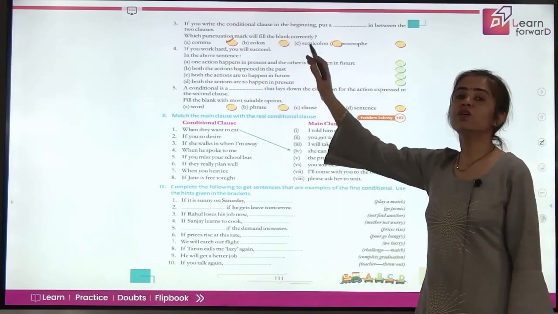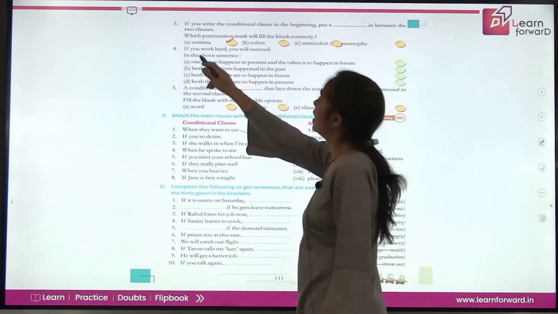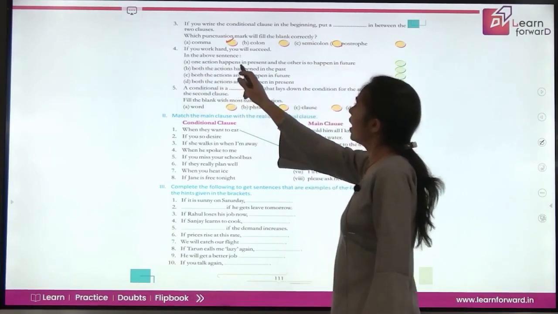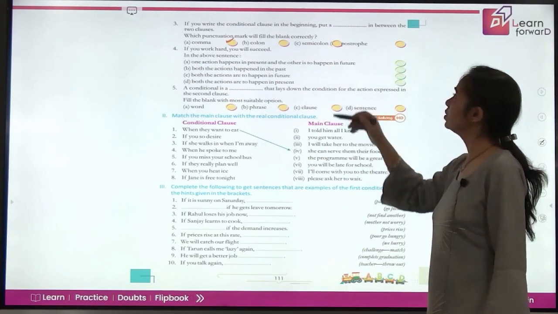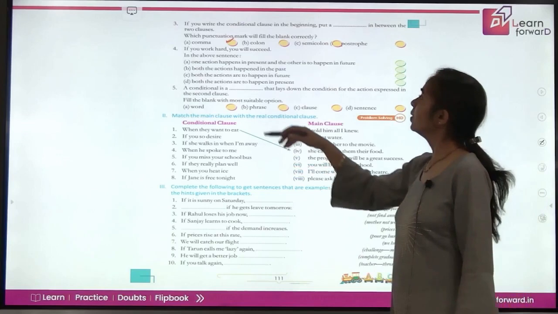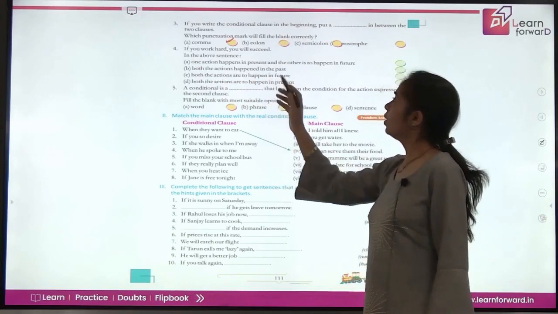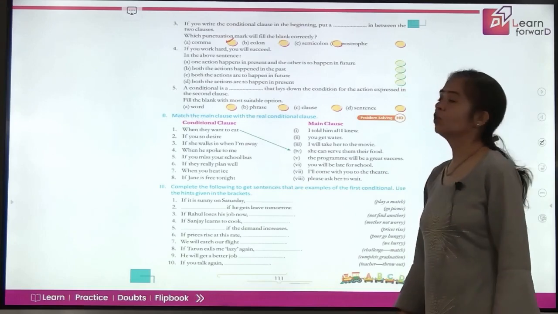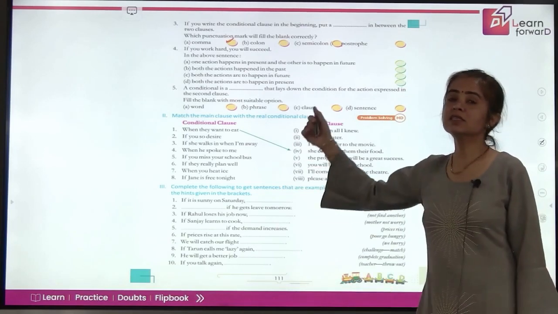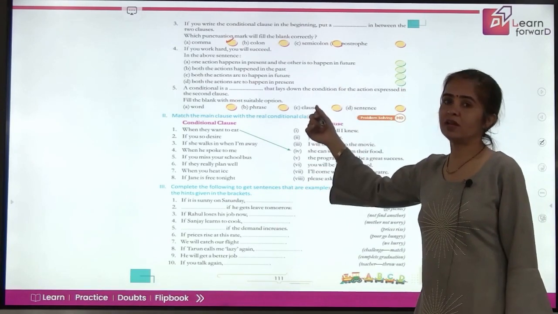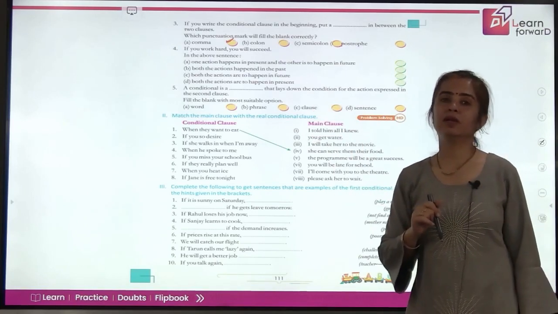So if you work hard, what is the tense here in the above sentence? One action happens in present and the other is to happen in future, or both the actions happened in the past, or both the actions are to happen in future, or both the actions are to happen in the present. This is your type 1, in which we talk about probable conditionals.